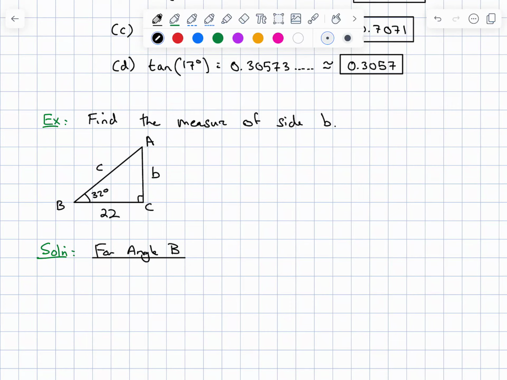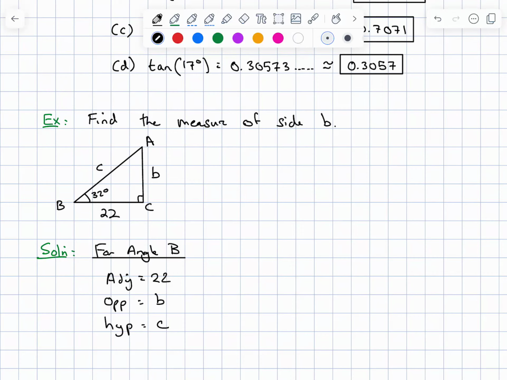It lowers your risk of carpal tunnel syndrome, and it also works on your mental math. But I'm going to identify them for now. The adjacent side, ADJ, is 22. The opposite side is b, and the hypotenuse is c.